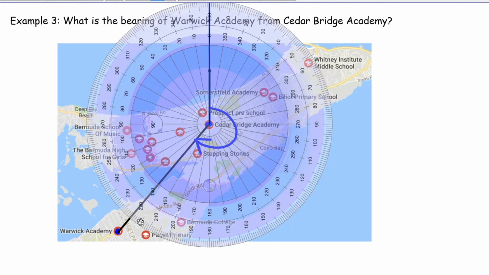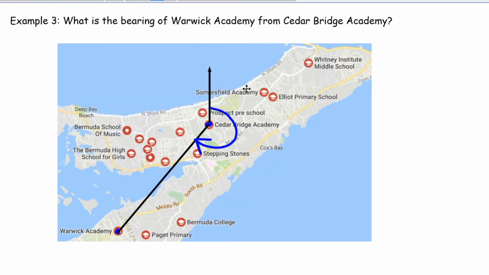Around 200 and... is it 220? Yep, 220. All right, so your bearing will be 220 degrees. Okay, let's carry on.